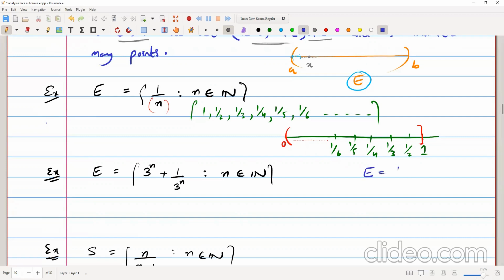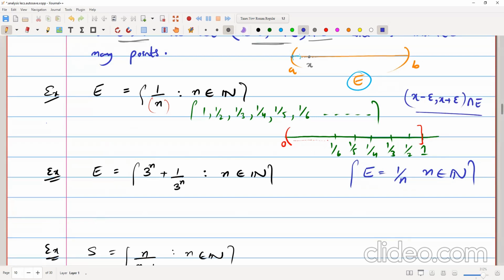Set E is 1 over n, where n belongs to natural numbers, and we are going to find the limit point. And by the definition of the limit point, we need the intersection to be infinite. So whatever limit point x we are choosing, the intersection with E should be infinite. This is the definition. The intersection should be infinite.